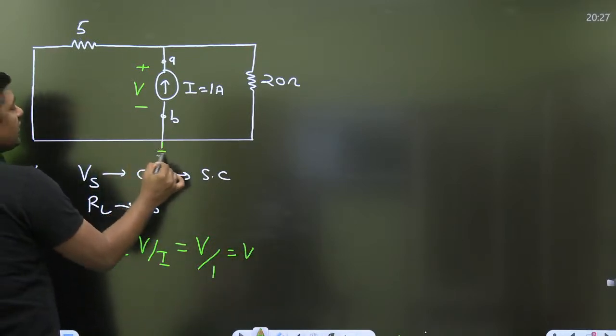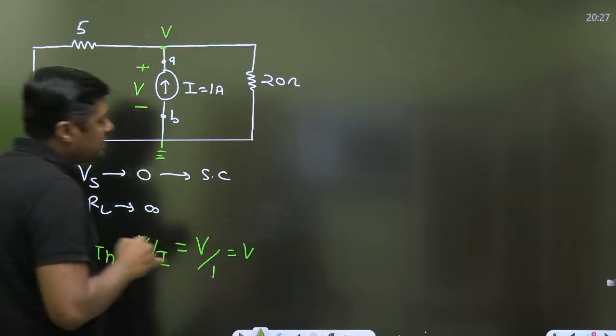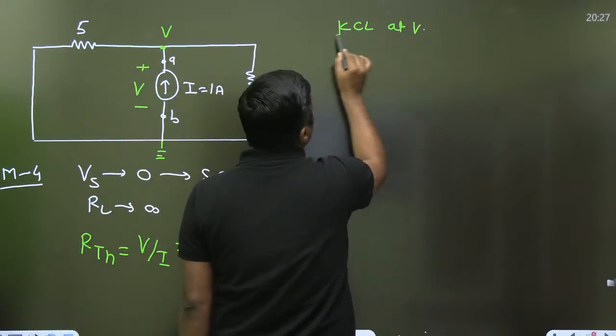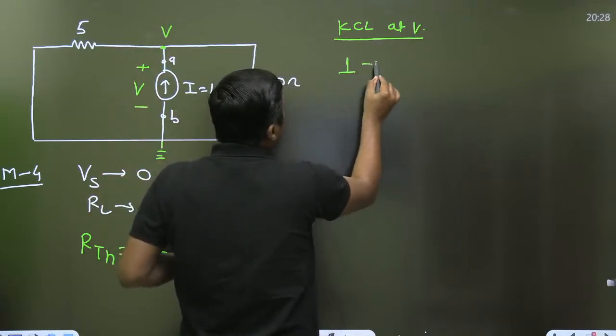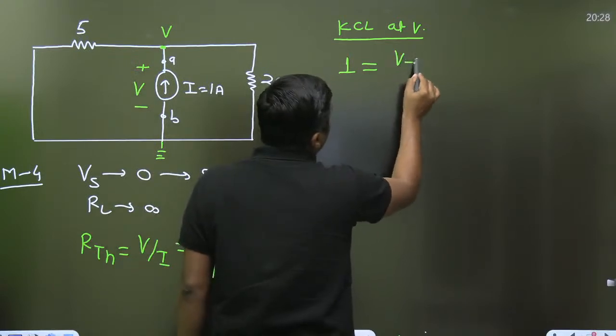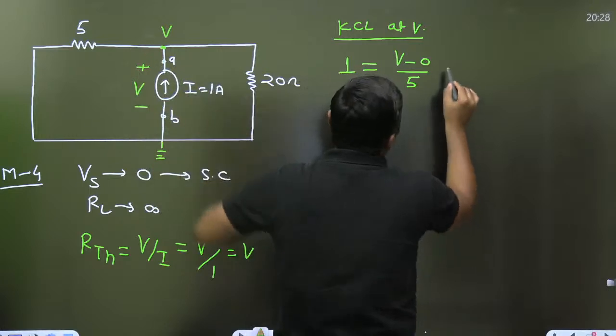My dear friend, that is the reference, this is the V. Write down the KCL at this point. KCL at V. What is the incoming current? 1 ampere. What is the outgoing current? V minus 0 by 5 plus V by 20.